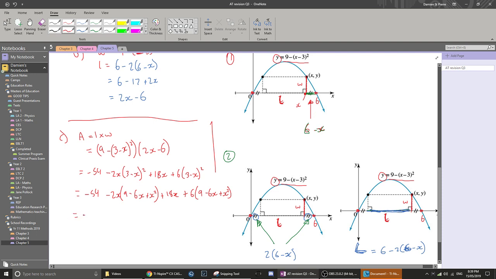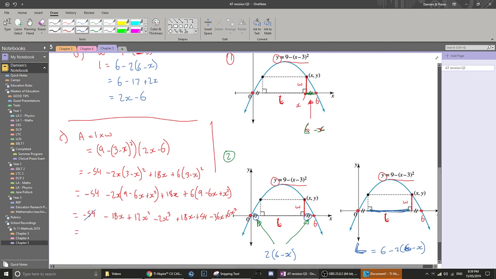So we get negative 54 minus 18x plus 12x squared minus 2x cubed plus 18x plus 54 minus 36x plus 6x squared. This gives us, we can do a bit of cancelling.